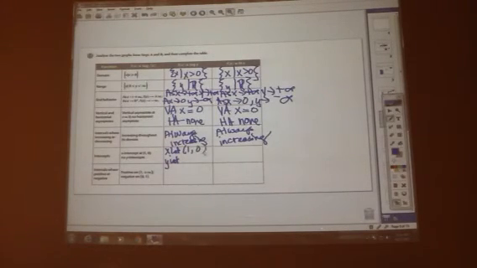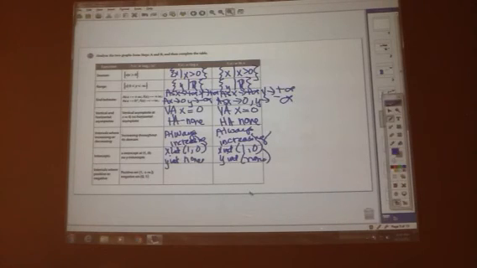So my x-intercept would be 1, 0. My y-intercept, there is none. Intervals where it's positive or negative.